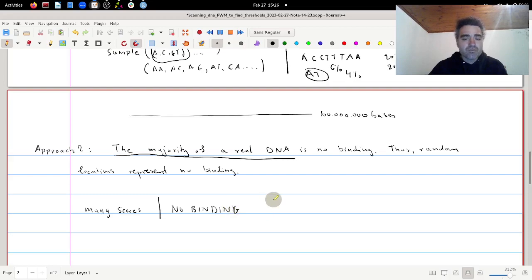In other words, we managed to get the probability distribution of the scores when there is no binding, or when the null hypothesis H0 is true. So the null hypothesis in our case is that there is no binding, and we get the distribution of the score values when the null hypothesis is true.